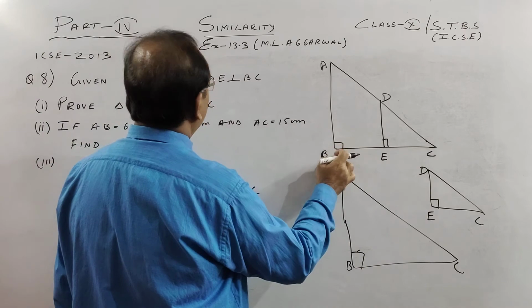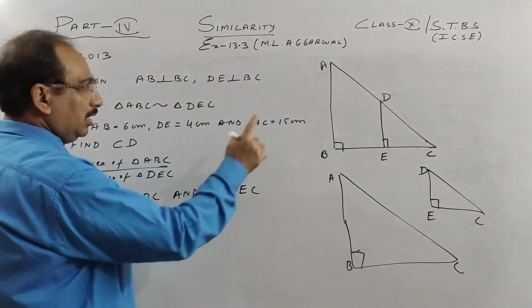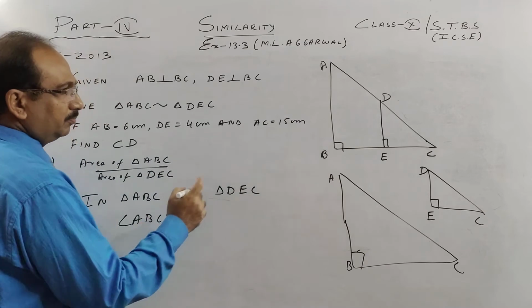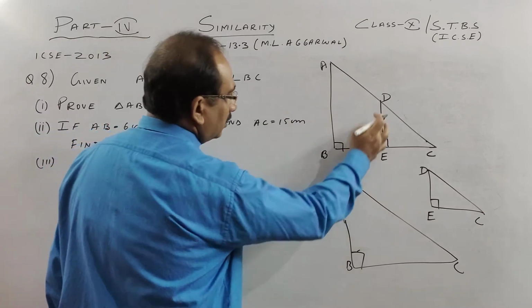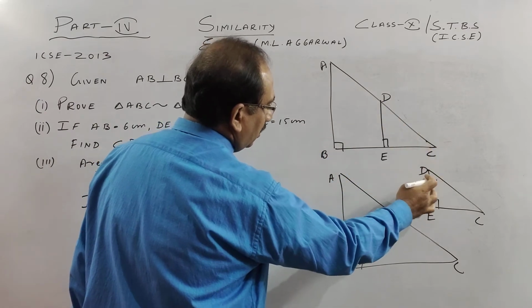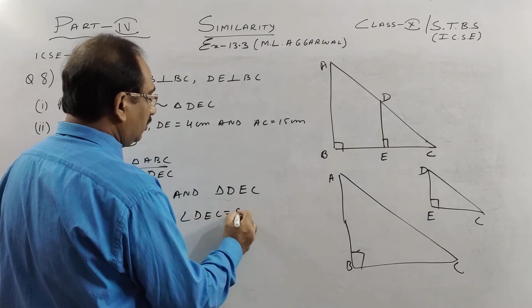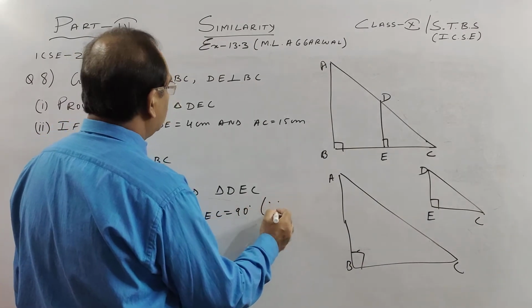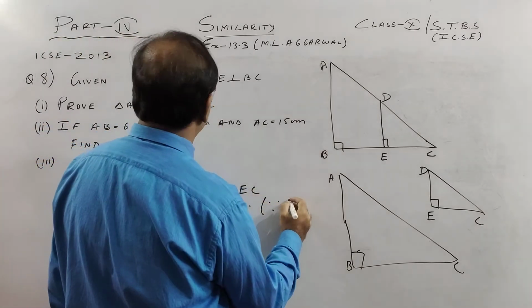AB is perpendicular to BC and DE is perpendicular to BC. So angle ABC in the big triangle is equal to angle DEC, and both of them are equal to 90 degrees. What is the reason? Since AB and DE, this is what is given in the question.